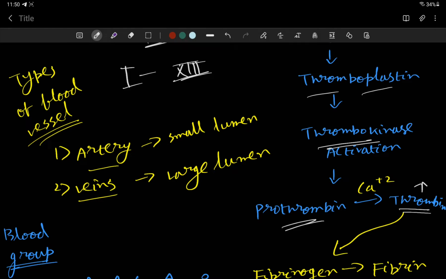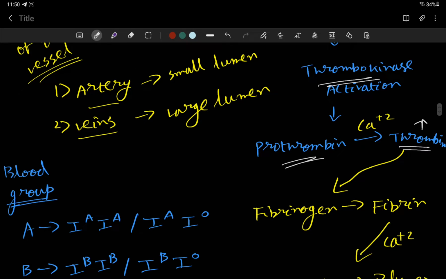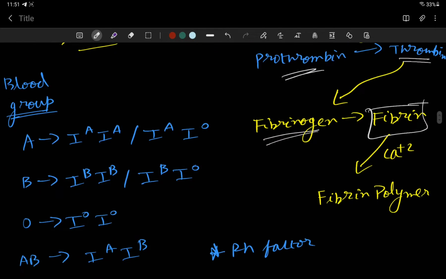This activated thrombin will go and activate the fibrinogen, which will form fibrin.